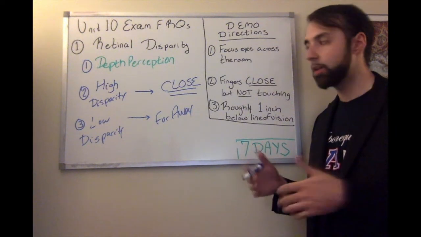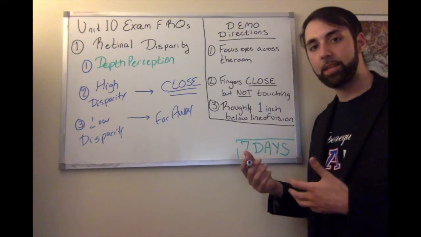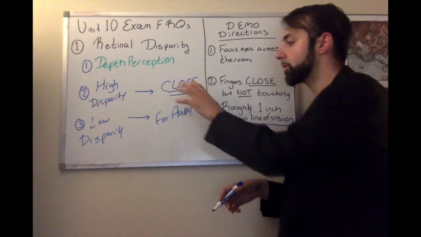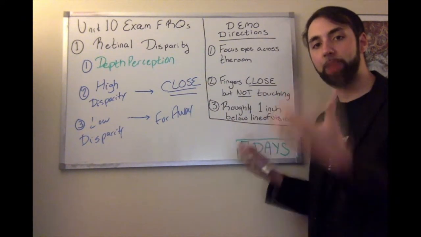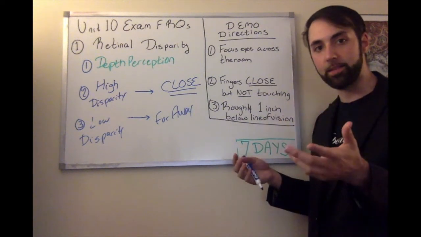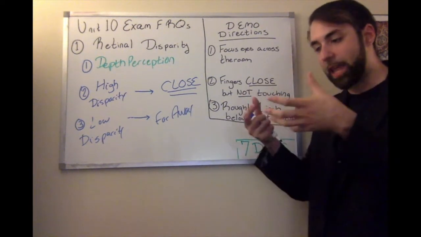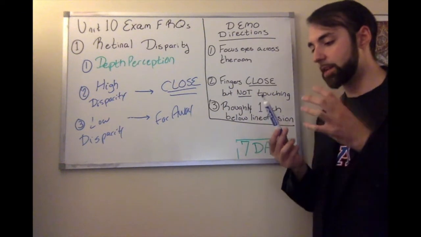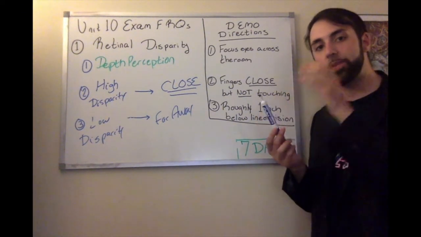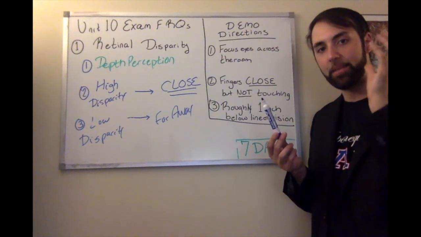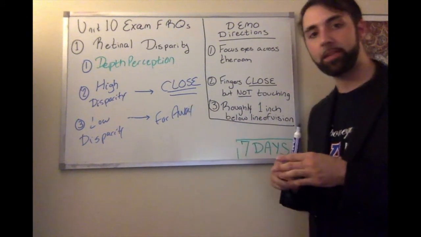From that point, it would be best to give an example of either an object that is close or far away. If an object is close, what you should describe is there being a high disparity between what each retina sees. Each eye is getting a very different angle of the object. For example, if I were to stare at this marker, each eye is getting a very different angle of the marker, and as a result, my brain is able to process that significant difference and determine this object is close.